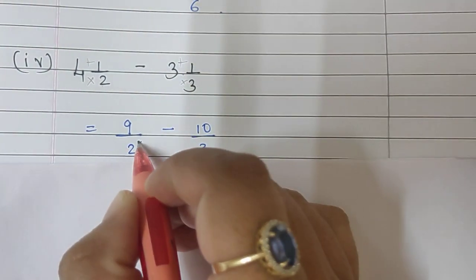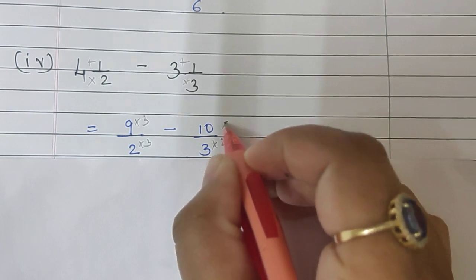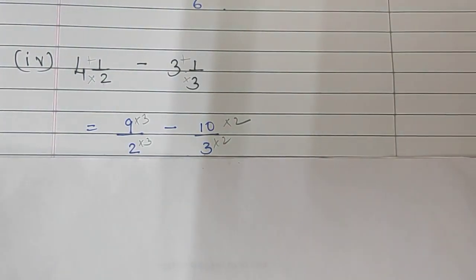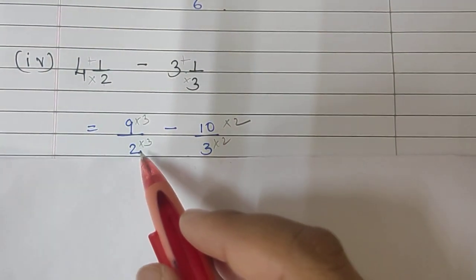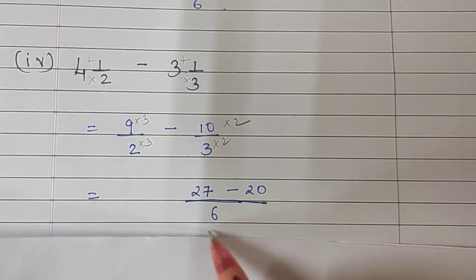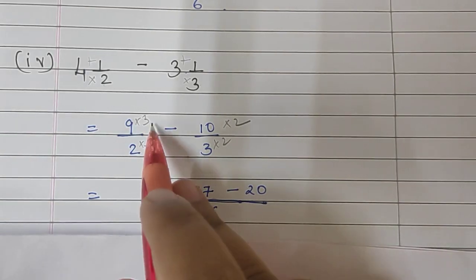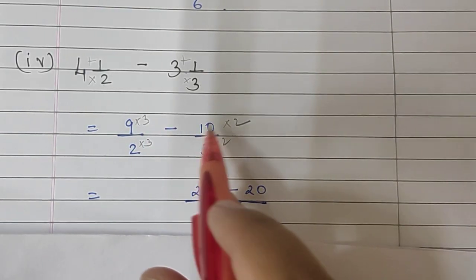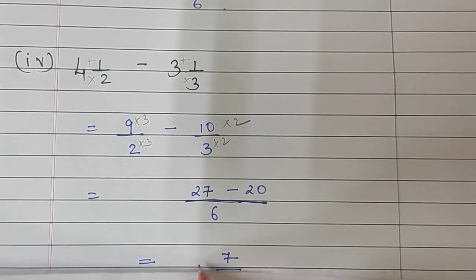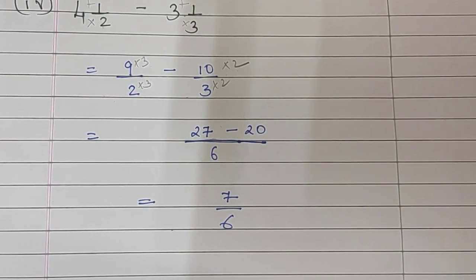So I'll straight away write here multiply by 3, multiply by 3. Multiply by 2, multiply by 2. So again, the denominator is 6 like I told you. 27 minus 20. So our answer is going to be 7 upon 6.